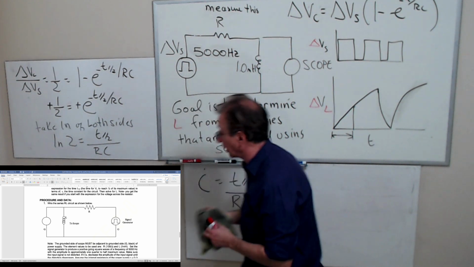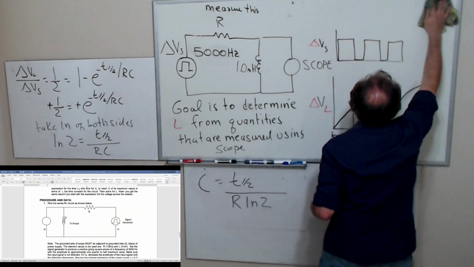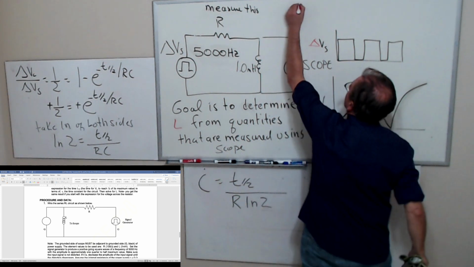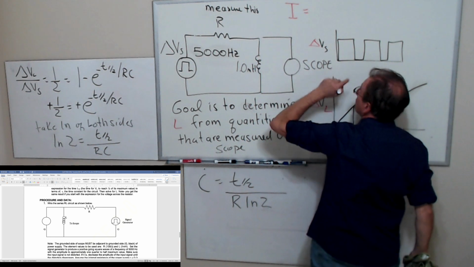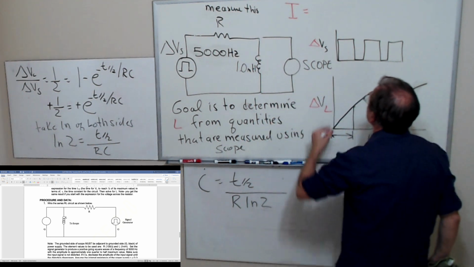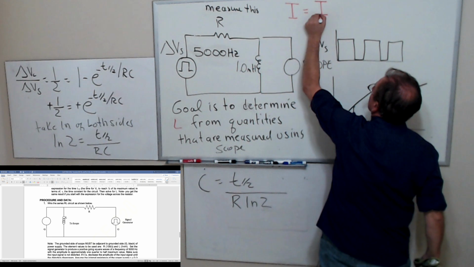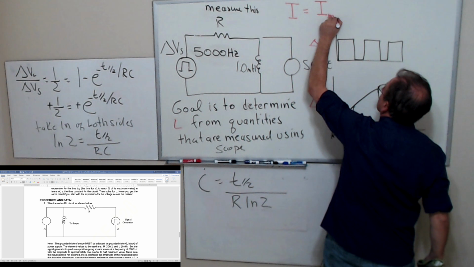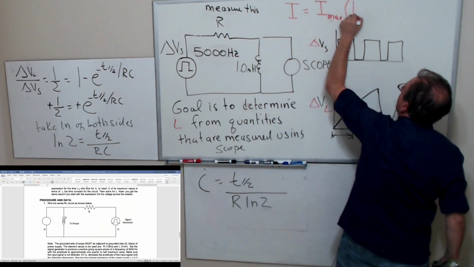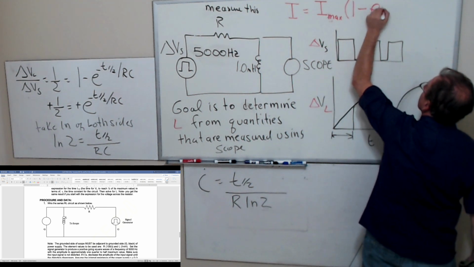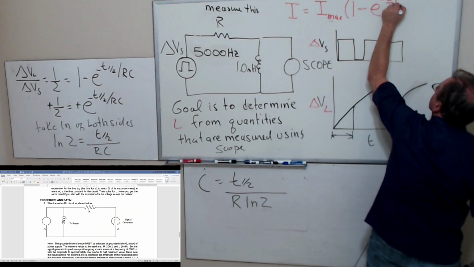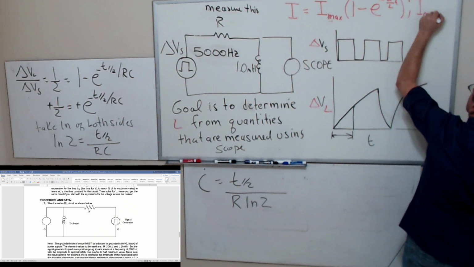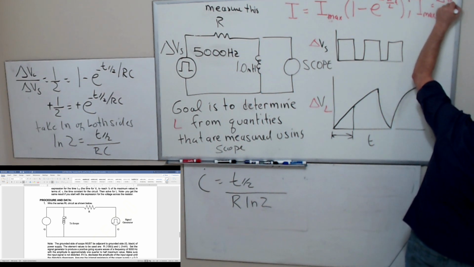Well, for the RL circuit, the current is equal to I max, or I battery or I supply, whatever you want to call it. Let's call it I max, times 1 minus e to the minus R over L t, where I sub max is the power supply voltage over the resistance.